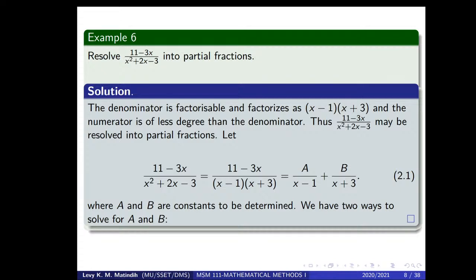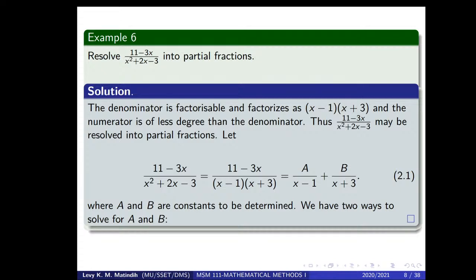The numerator is of less degree than the denominator. The highest degree of the numerator is 1, and the highest degree of the denominator is 2. This means it's satisfying property number 1, which says that the degree of the numerator should be less than the degree of the denominator.